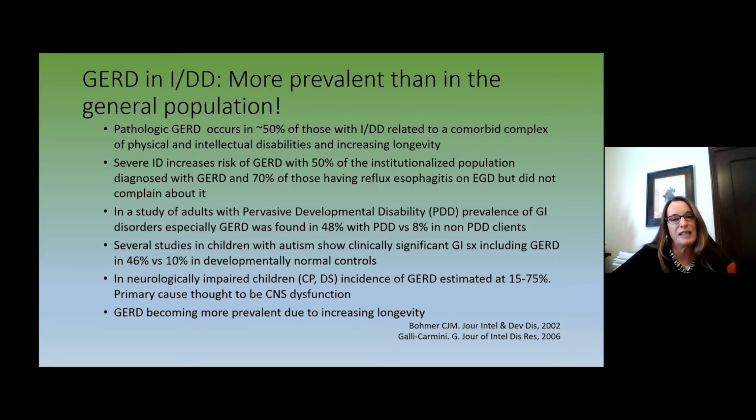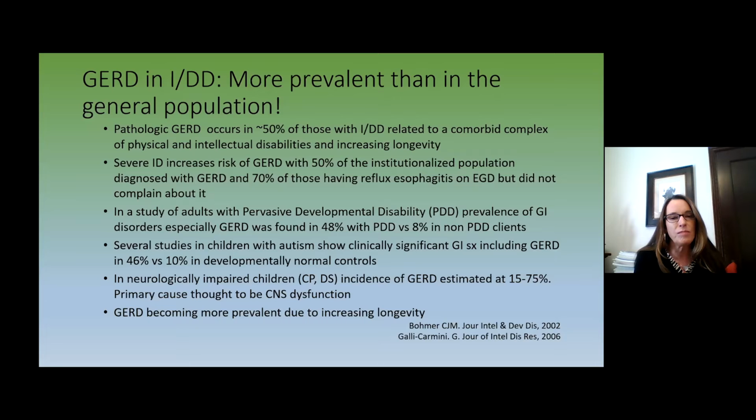In some other studies with PDD, the prevalence of GI disorders, especially GERD, was found in 48% versus 8% in non-PDD clients. And several studies in children with autism show clinically significant GI symptoms, including GERD, in 46% versus 10% in developmentally normal controls.